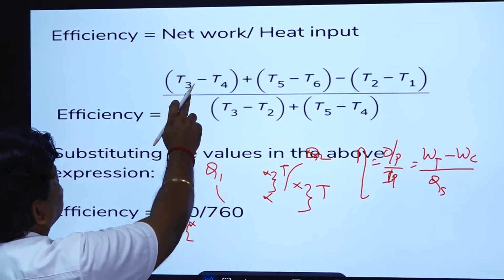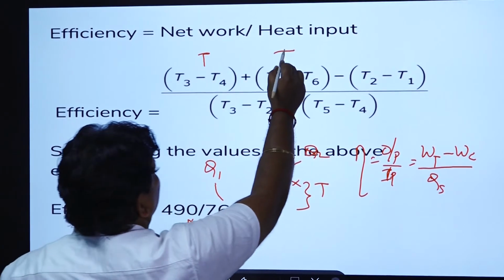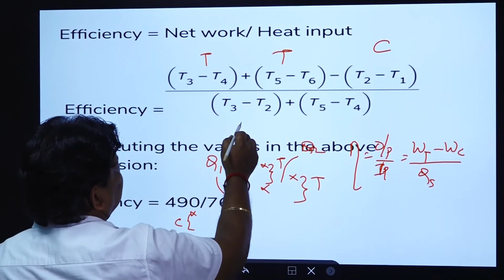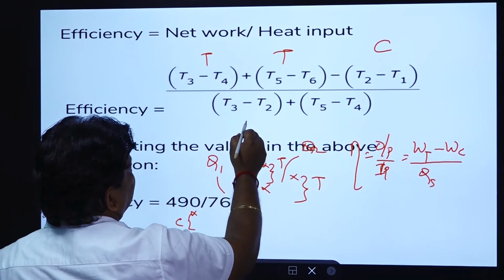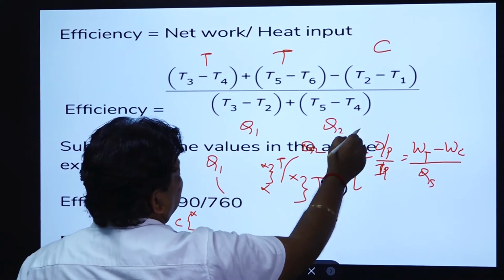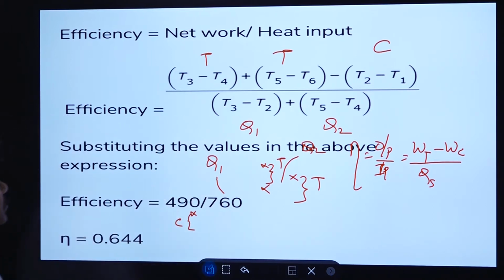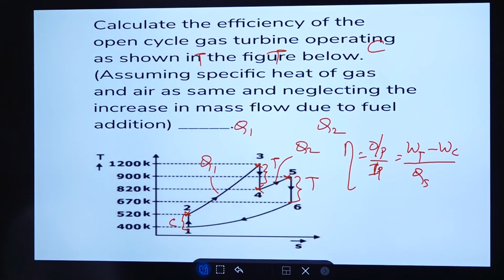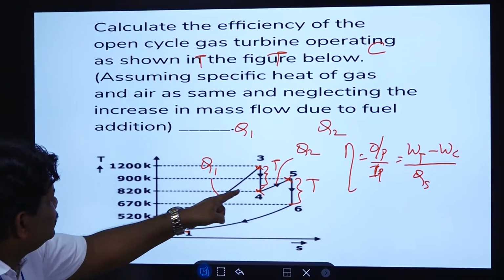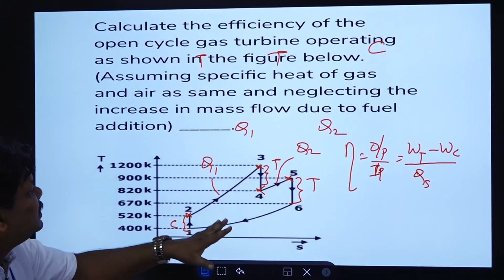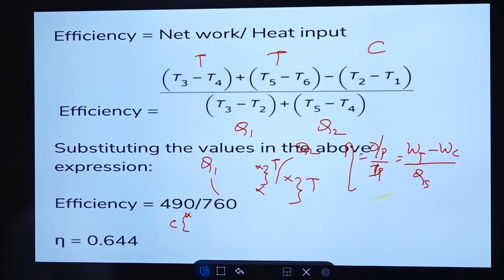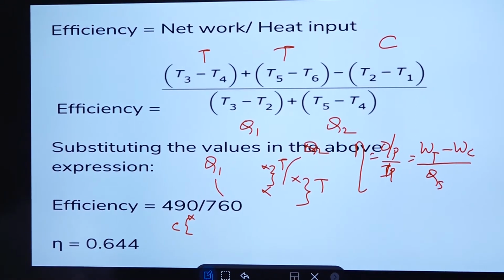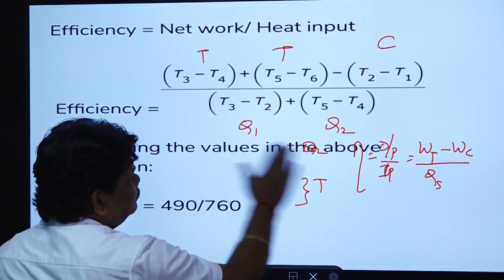As I told you, these are all turbine work, and this is compressor work, and this is the amount of heat energy that is added, Q1 and then Q2. When you substitute all this, are all these values given? Yes, look at the diagram. T3 is given to you, T4, T2, T1, all the temperature values are given. So simply substitute all those and you will get the value of efficiency. The value of efficiency is 0.644.